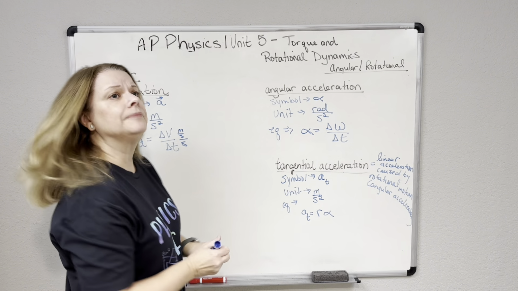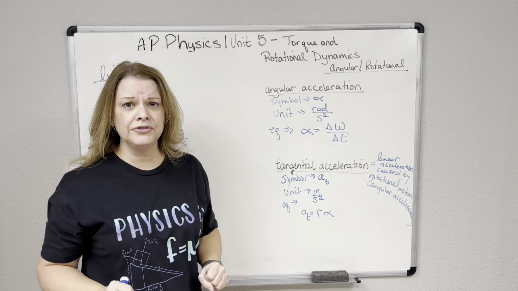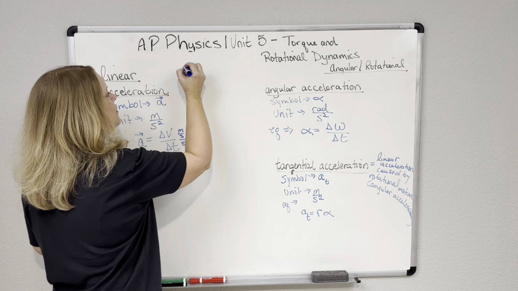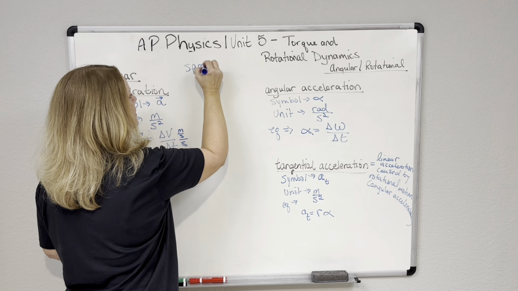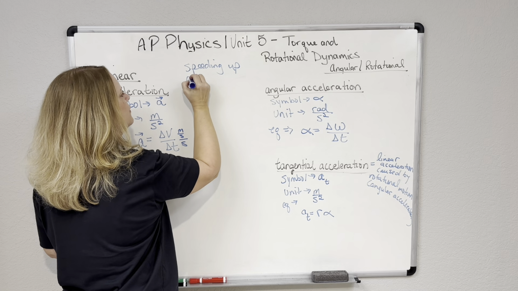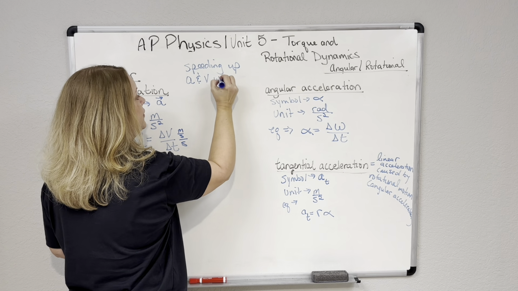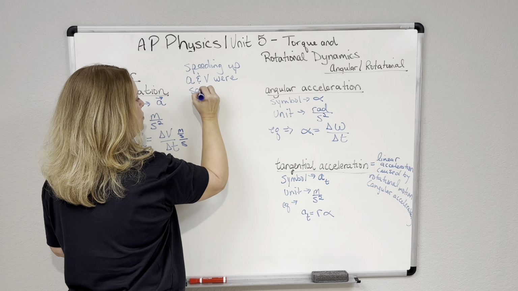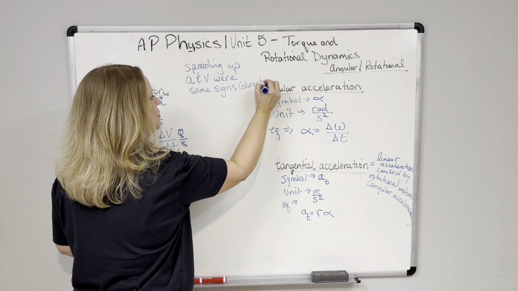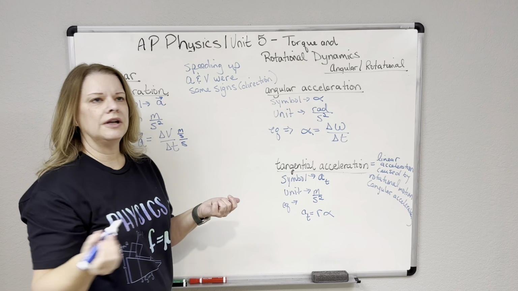Now, we need to talk about one major concept before we go on, and we hit this so hard in first semester, and it is equally important in rotational. Remember that when an object was speeding up, the acceleration and the velocity were the same signs, and when we say signs, we mean direction. If you were going east, positive velocity, and speeding up, then your acceleration had to be positive.